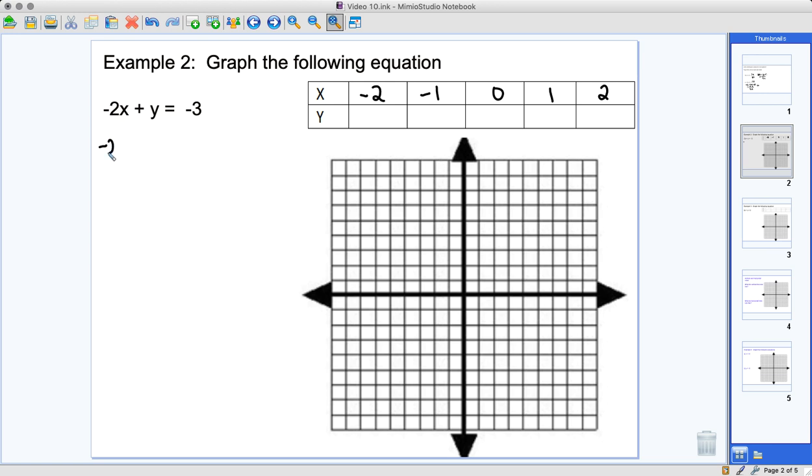So you got -2 times -2 plus y equals -3. So -2 times -2 is 4, plus y equals -3. Solve to get y by itself, so subtract 4 from both sides. Y equals -7. Okay. Then you're going to go through and do all the rest of them.